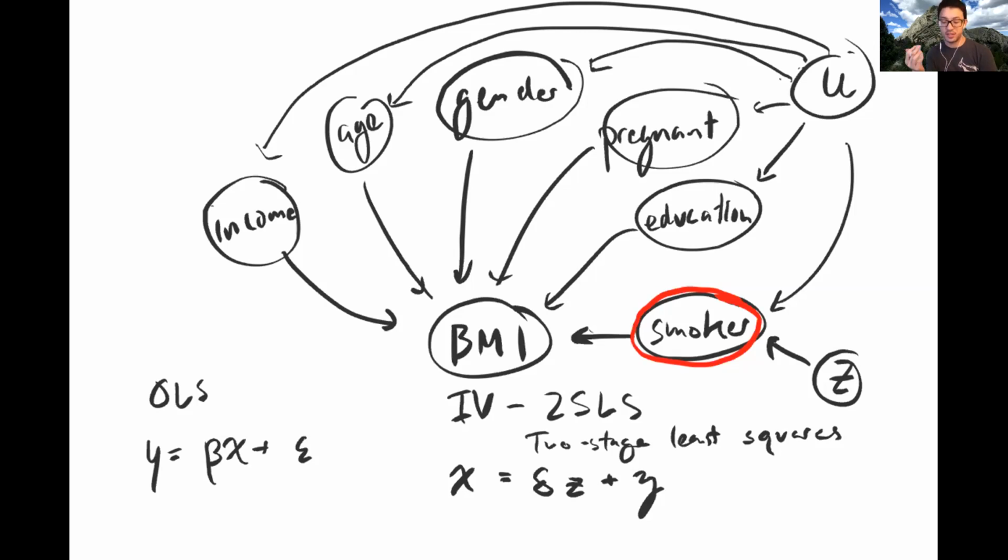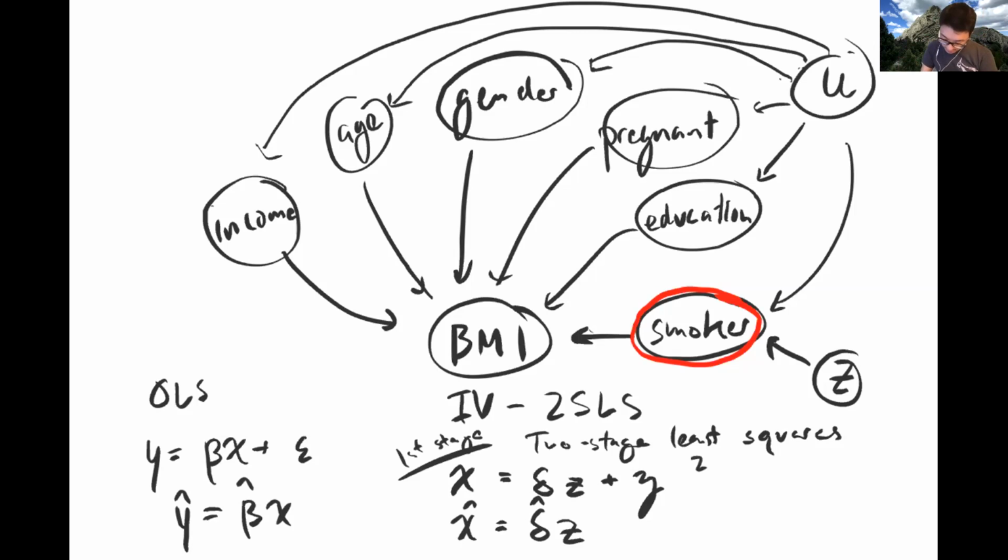I'm going to regress first my x on z, and similar with an OLS where you can have your y hat equal to your beta hat x, you can have your x hat equal to delta hat z. So this is the first stage.